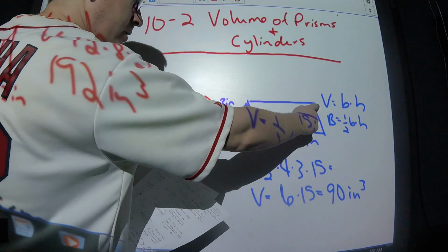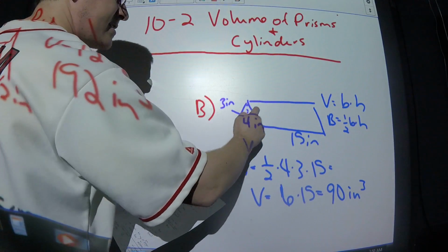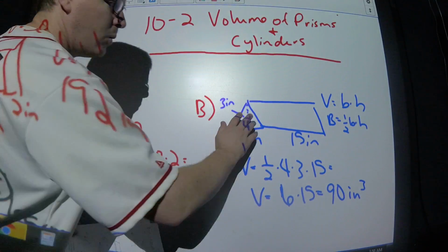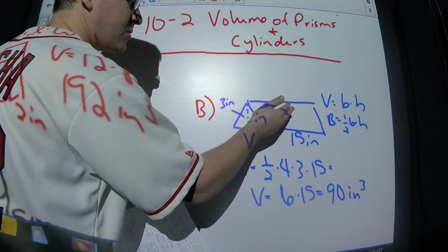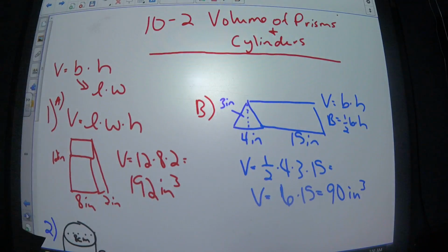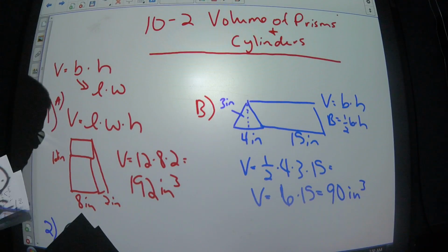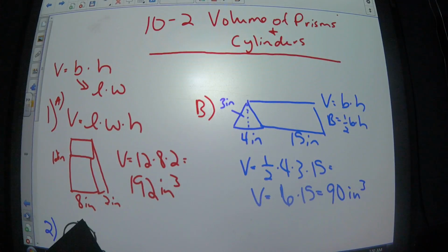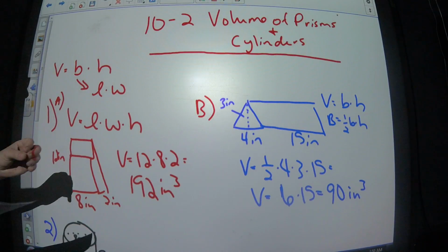Here are your triangular bases, this and then the other side, and then rectangular faces, which are these on the bottom as well, and then also on the other side of the roof. So just pay attention. If you didn't know what a face or a base was, you can look at 10-1 as a reference. Okay, but looking at volume of prisms and cylinders, volume is base times height.